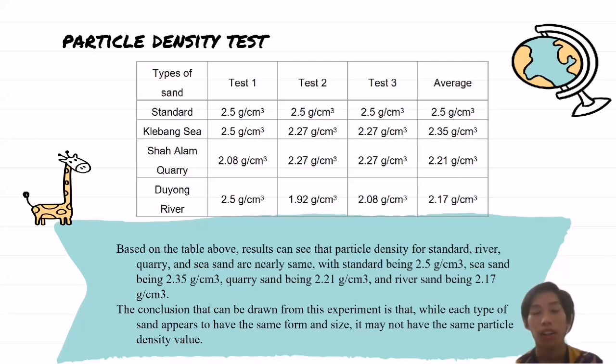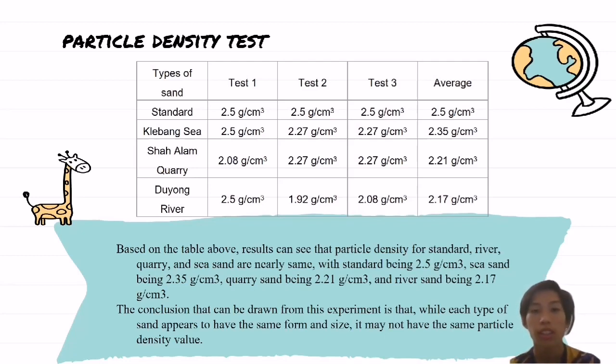For the particle density test, based on the table above, the result shows that the particle density for standard, river, quarry, and sea sand are nearly the same. With standard sand 2.5 gram per centimeter cube, sea sand 2.35 gram per centimeter cube, quarry sand 2.21 gram per centimeter cube, and river sand 2.17 gram per centimeter cube.